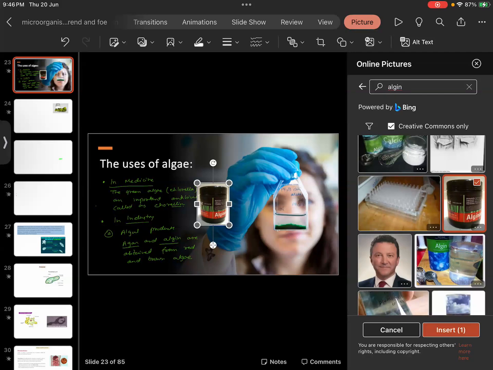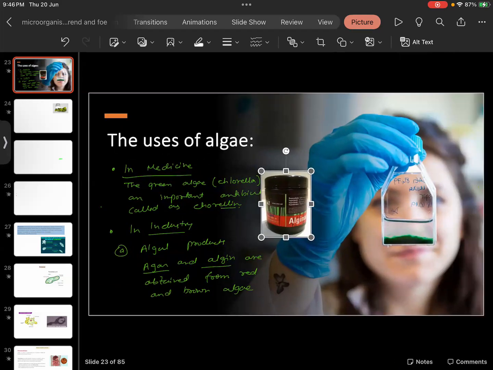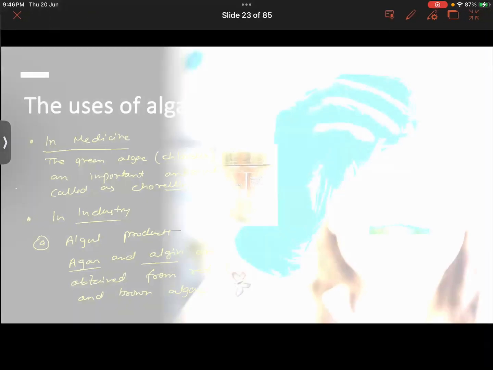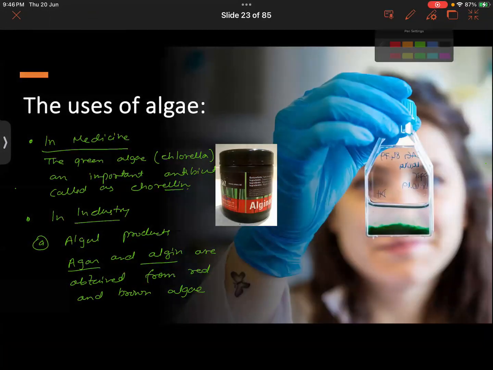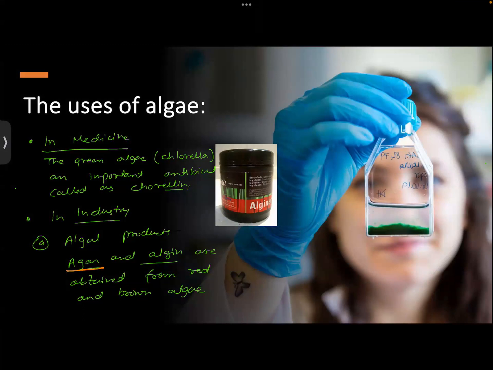Okay. So these are the products obtained from algae. Agar is obtained from red alga, and algin is obtained from brown alga. Now you might ask, what is this agar and algin? Why are we studying about this? What are its uses? The thing is, this agar is used as a substitute for gelatin.